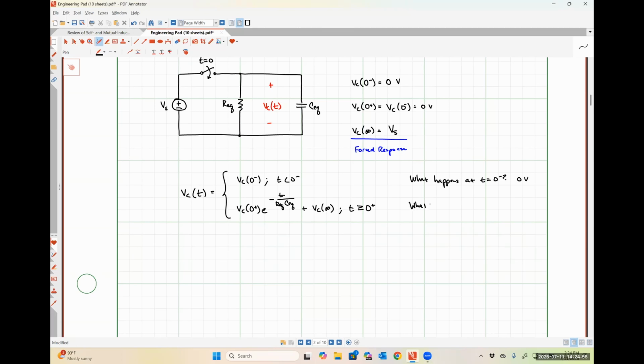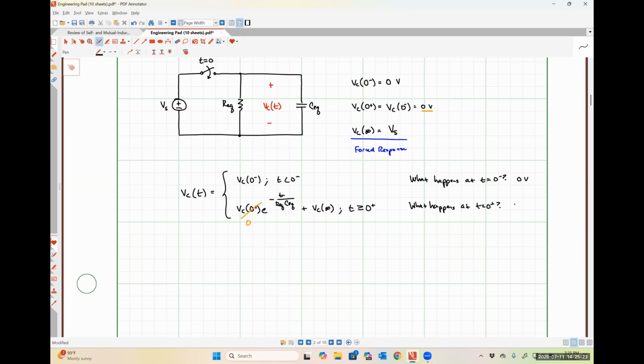If we were to plug t equal to 0 plus into this equation, this term right here would be 0, just directly substituting in that 0 volts. So we would have 0 times e to the 0, which is just 1, plus VC at infinity.